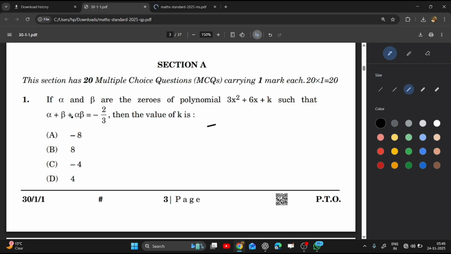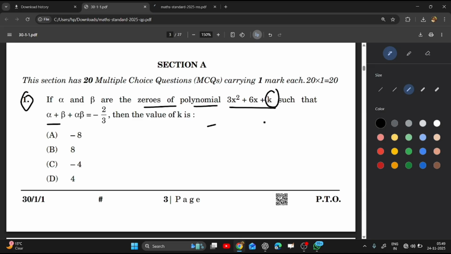The first question is, if alpha and beta are the zeros of the polynomial, this is your polynomial, such that alpha plus alpha beta is equal to minus 2 by 3, we have to find the value of k here. So to find this value, we need an equation where k is involved.